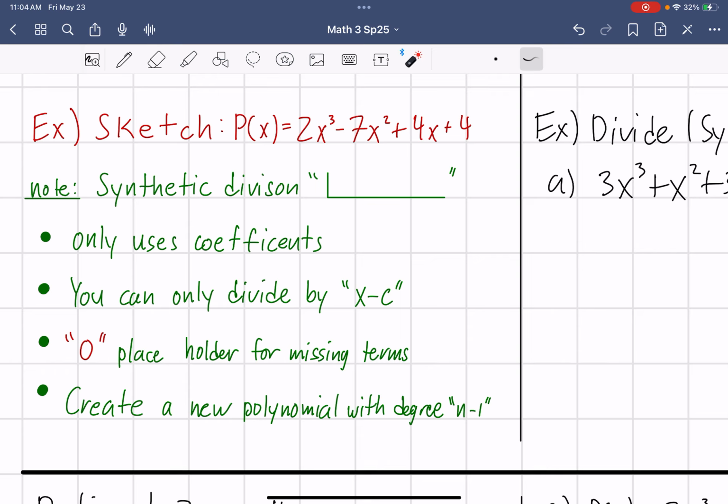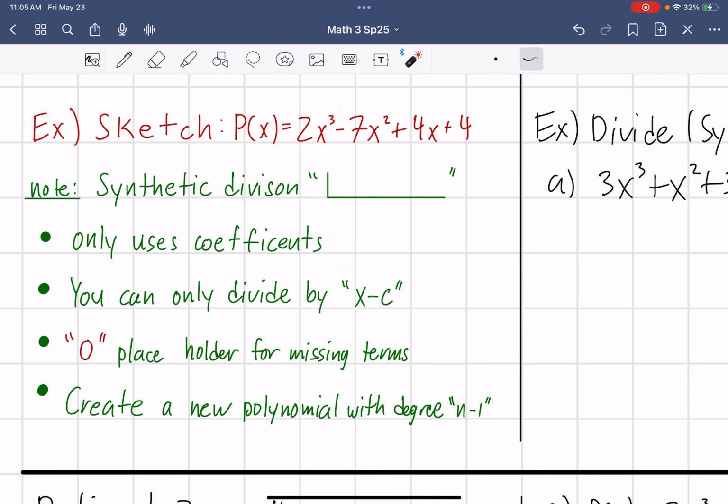Once you're done applying synthetic division, you're going to be left with a quotient. That quotient is actually a new polynomial with a degree n minus 1, meaning it has gone from, for example, power of 3 to power of 2.